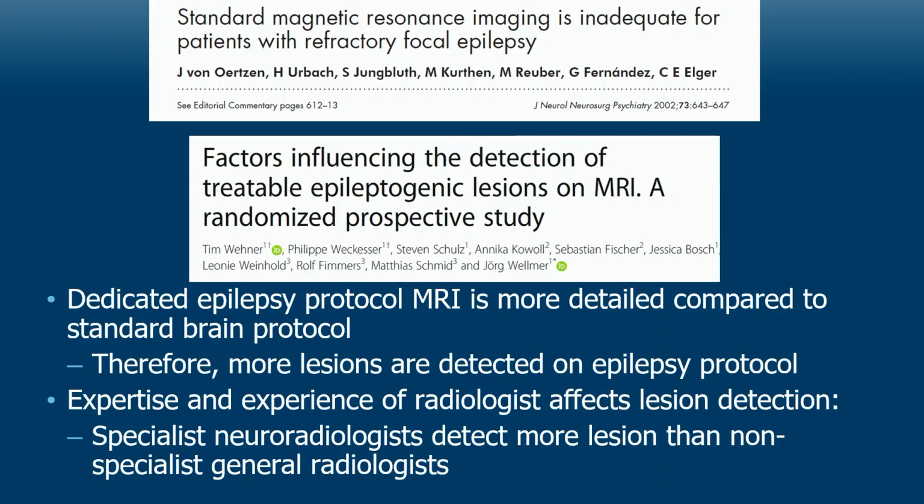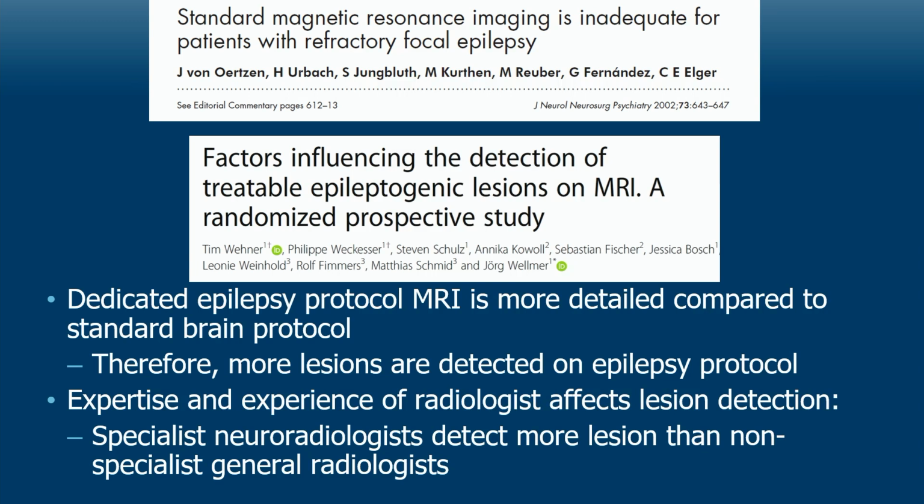So in addition to the strength of the magnet, the MRI protocol also matters. What do I mean by MRI protocols? Usually when we do an MRI, we do different sequences so that you obtain different signals of the brain in order to characterize the brain further and characterize any lesion further.